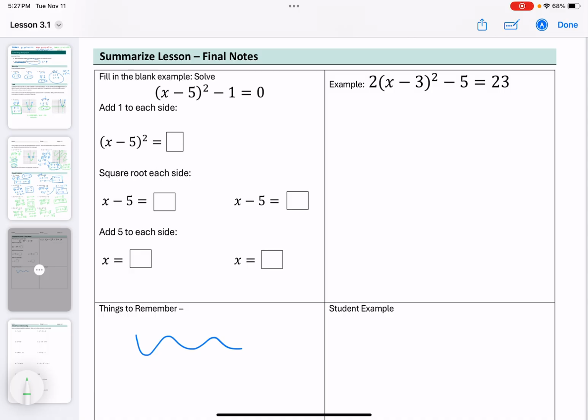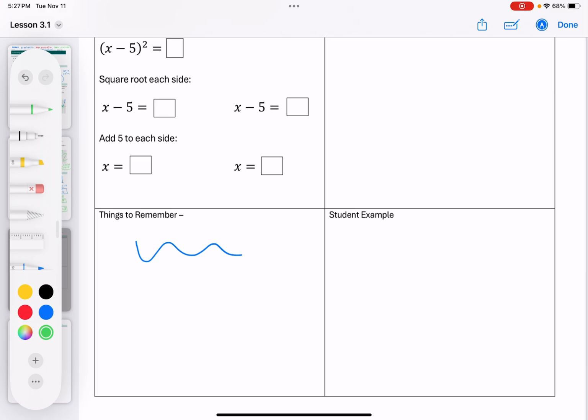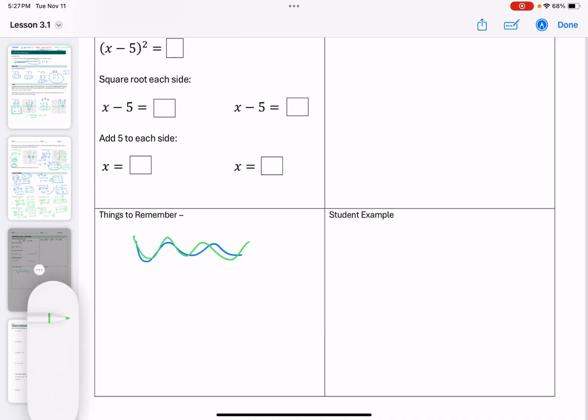So fill in the blank, do this example, come up with a student example. So make one up that you will solve in this spot. And then you can write your things to remember. Just go over kind of what those rules were and how you can write notes for yourself for later.